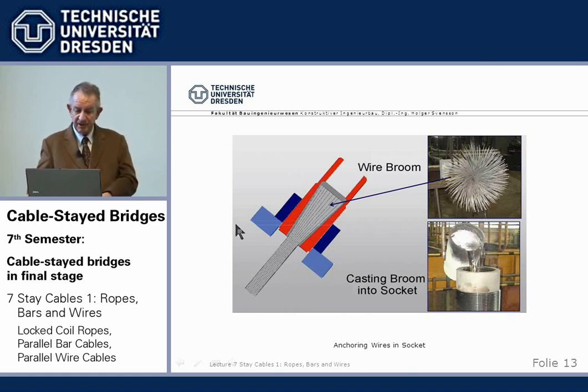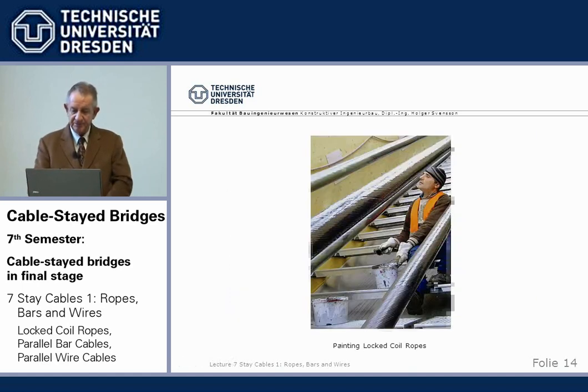Because, so to say, the base metal of the wires was hurt, its structure disturbed by too hot casting. That's why later cold casting material was looked for. We will see all that. So they are cast in, and finally, after they are installed, they are painted.